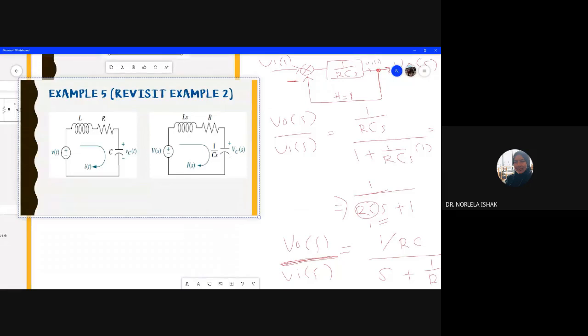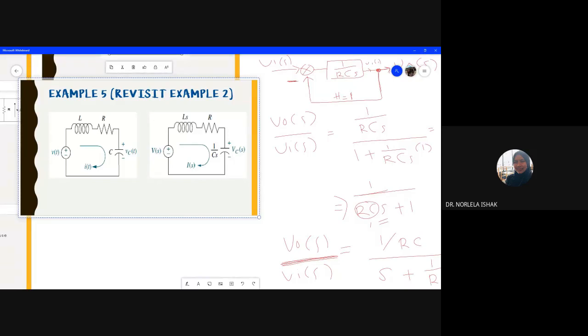We redraw and then we label the impedance for the inductor, for the resistor, and for the capacitor. Once we relabel the impedance, you can derive the equation step by step.